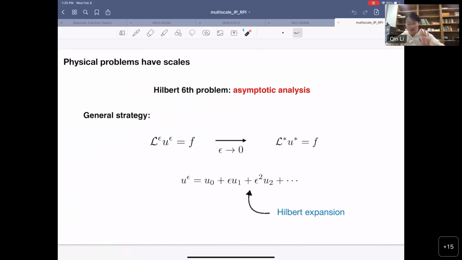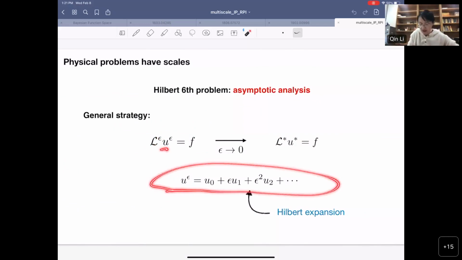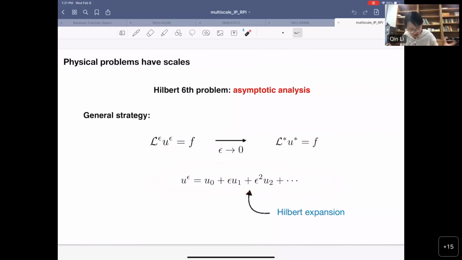So the underlying mathematics is really very similar, whichever regime you are in. The mathematics is pretty much the same. It's asymptotic analysis. So you have a PDE operator, and this PDE operator has a very small parameter, epsilon. And by sending epsilon to 0, you are saying that your solution can be asymptotically expanded in terms of epsilon as well.